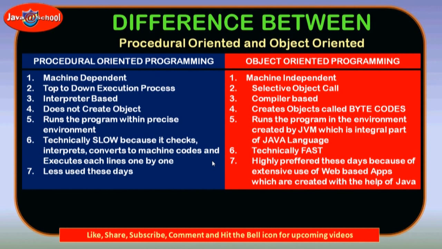The second difference is that POP executes the statements of a program from the first line towards the last line serially, sequentially, one by one. So it picks up one line, translates, checks for errors, and then converts it to machine language, executes and gives us the answer. So you go through 3 or 4 steps each time it executes a line of the program.